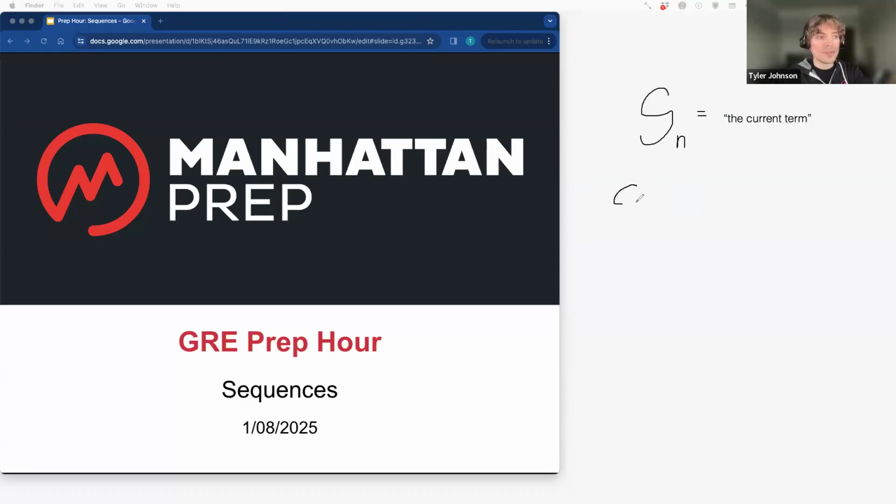And then you might see something like S sub n plus 1. That's going to represent the next term. And then you also might see S sub n minus 1, which is a stand-in for the previous term.